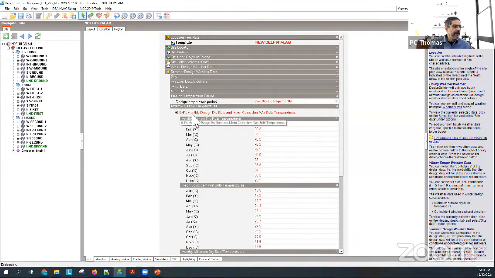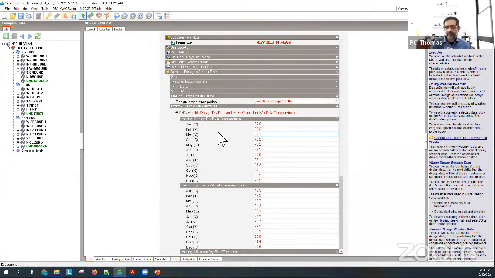There is a 0.4% monthly design dry bulb temperature with a mean coincident wet bulb temperature. So we call this a dry bulb temperature priority design condition. And this 0.4% means that we expect that this combination of design conditions, weather conditions, are not exceeded by more than 0.4% of the time in a year.